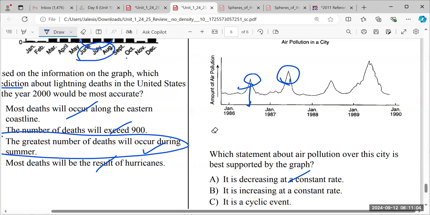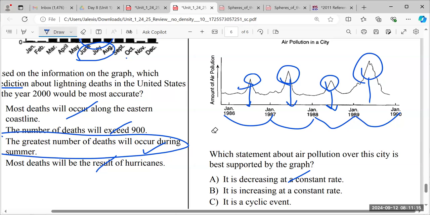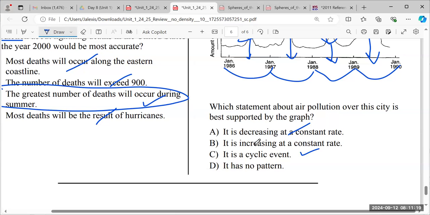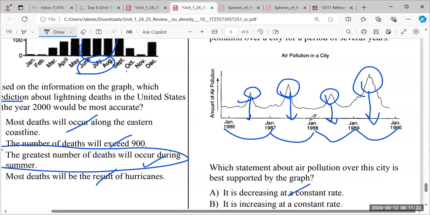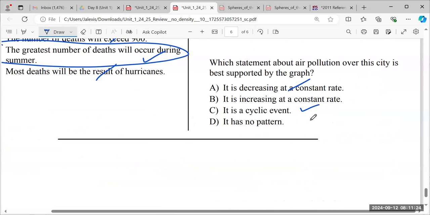I see another peak in the middle of these two years, and another, and another. This represents a cyclic relationship. And the fact that I see this pattern, that definitely means it does have a pattern, which will make the statement false. That's why the correct answer is choice C.